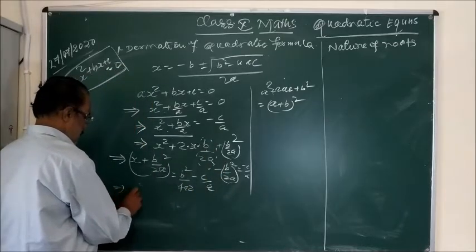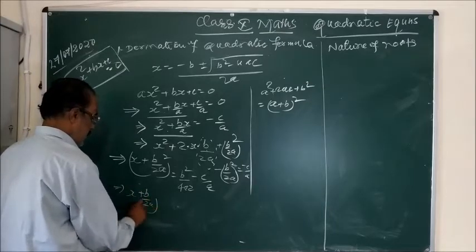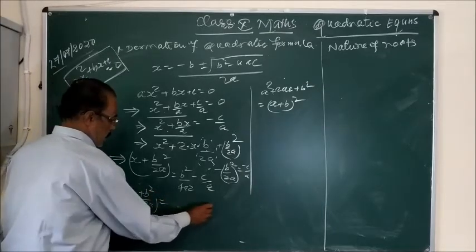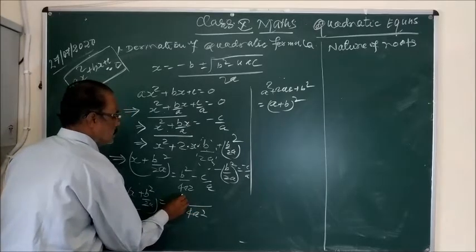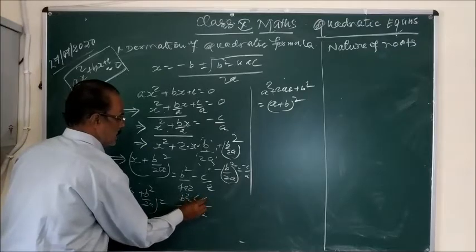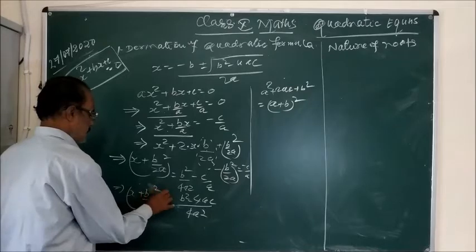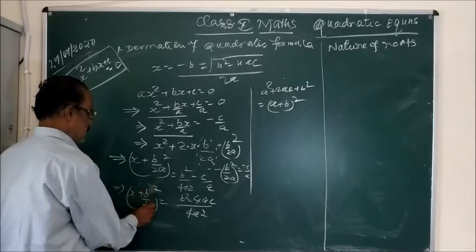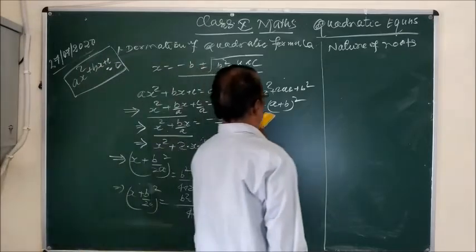Now you see x plus b by 2a whole square. We find the LCM 4a square. This will be b square and this will be 4ac. So what is the value of x plus b by 2a?